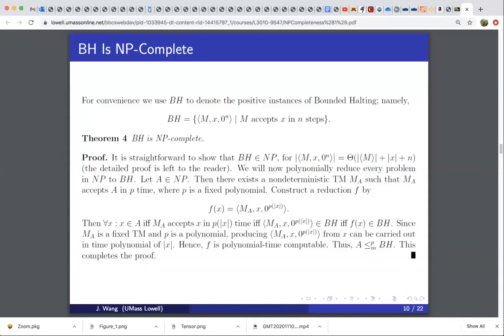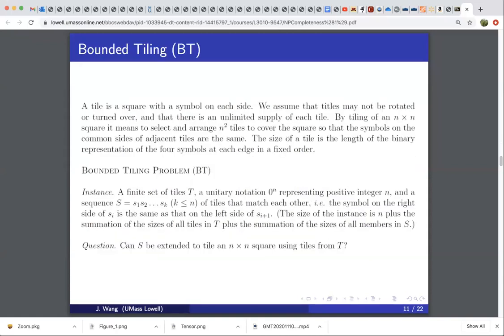And when you find it hard to come up with a polynomial time algorithm for a particular problem, it's likely that the problem is NP-complete. So you first check to see whether it is in NP, and then you see whether you can reduce a known NP-complete problem to that problem, right? So the first natural problem we call bounded tiling. This was first considered by Levin.